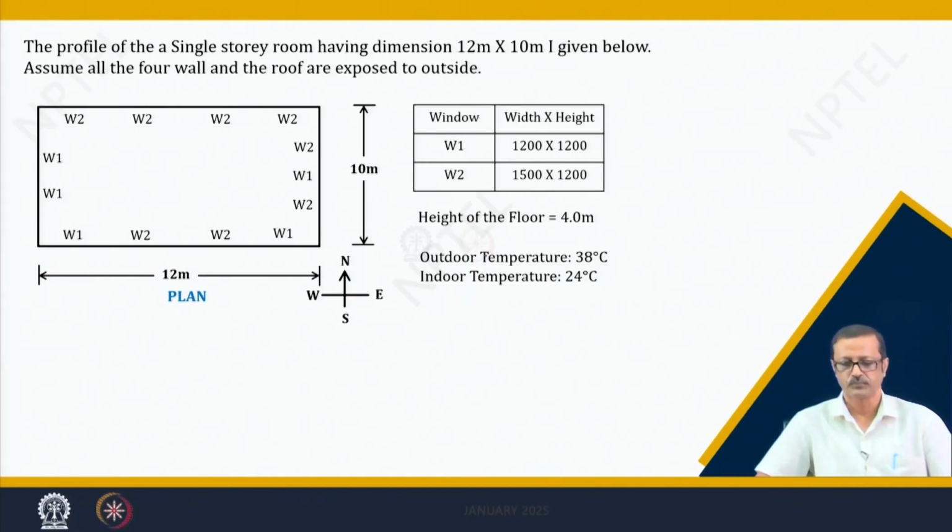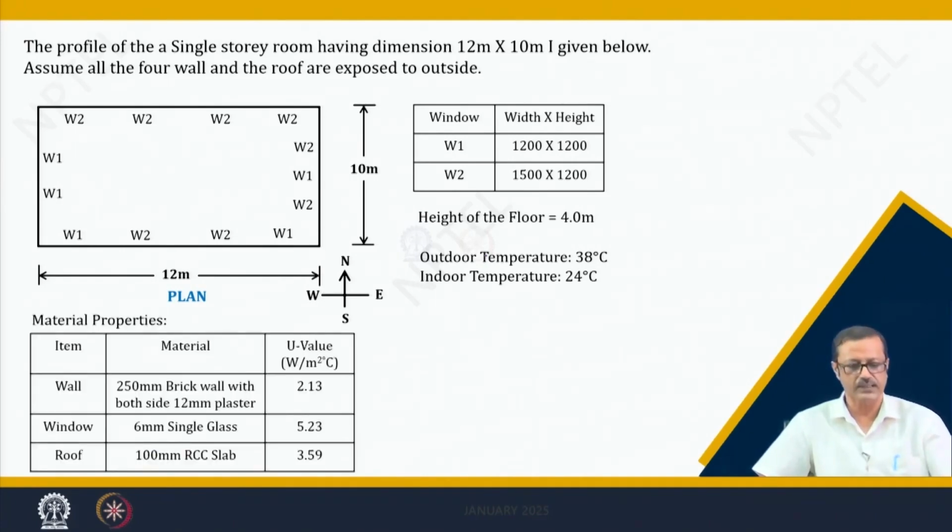The outdoor temperature is 38 degree centigrade, let us assume for a particular time and a steady state flow, and the indoor temperature is 24 degree. So, a temperature gradient exists, and I need to give another set of data, the U values. The U values of wall, window and roof are 2.13, 5.23 and 3.59 respectively.